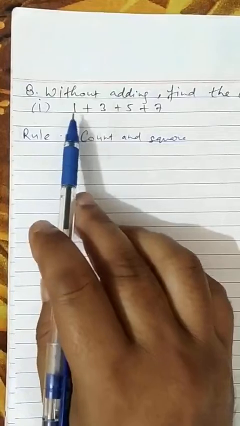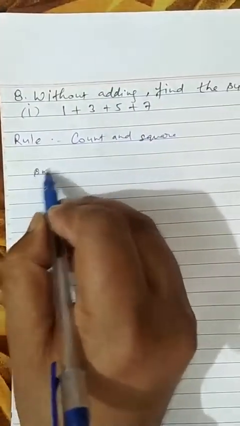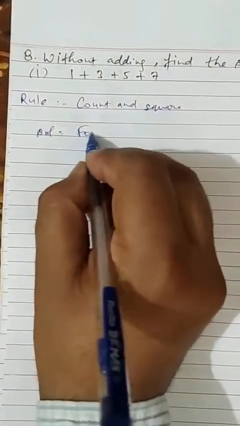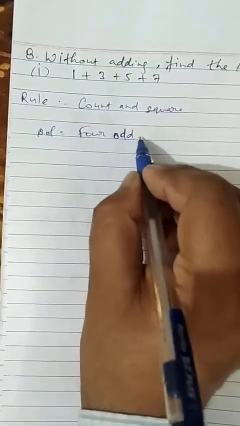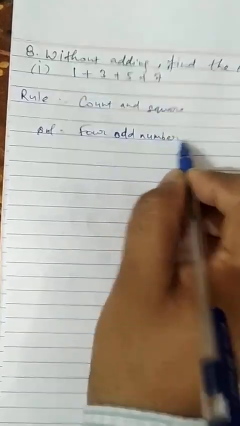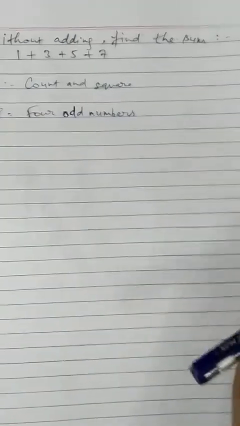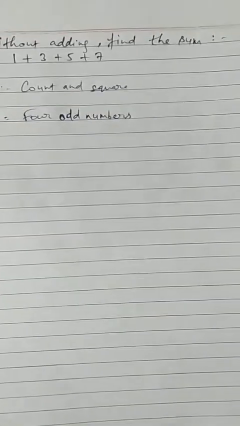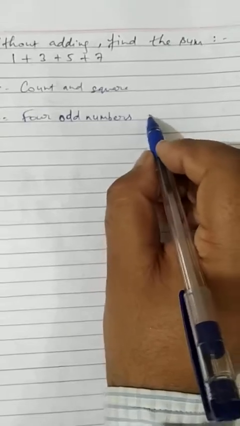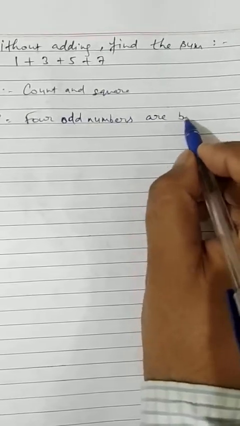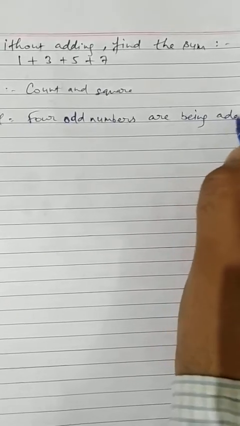Okay. So how many numbers are being added in this part? 1, 2, 3, 4. Four odd numbers are being added.